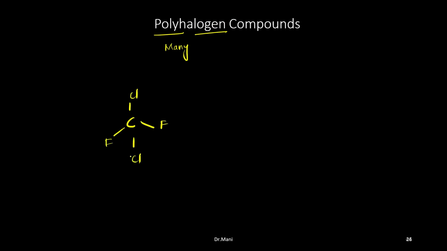Or you can take chlorine, chlorine, chlorine, hydrogen. This is called trichloromethyl, as there are three chlorines and one carbon. It is a difluorodichloromethane because two fluorine and two chlorine.